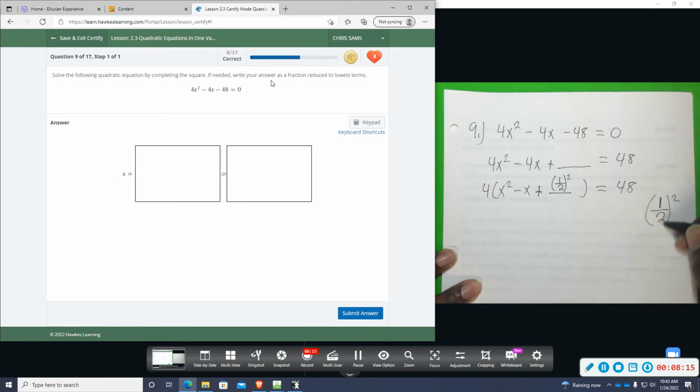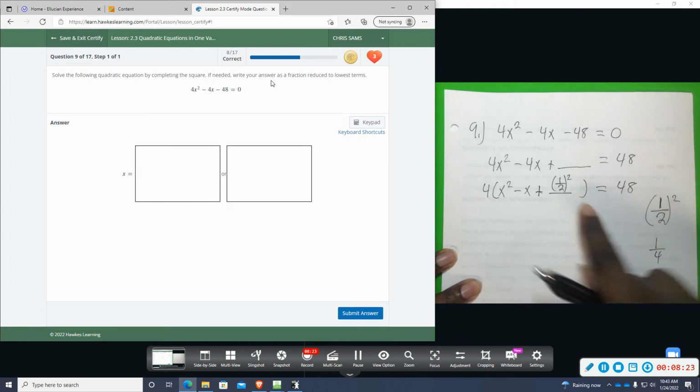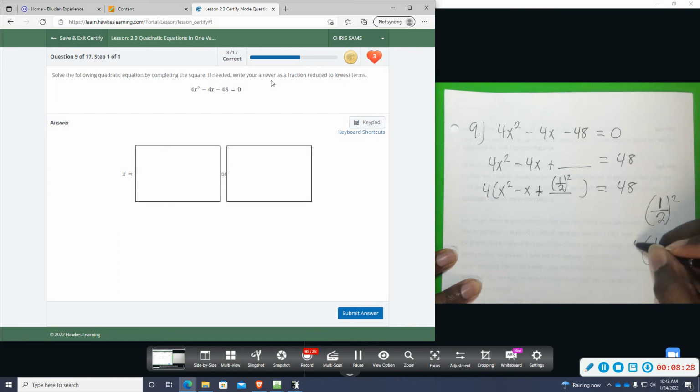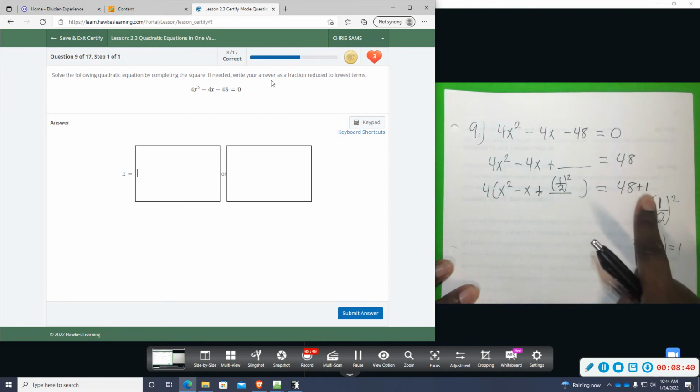If I do 1/2 squared, when you square a fraction, you square the top and the bottom. So 1 squared is 1, and 2 squared is 4. All right, so 1/4 is what that is. When you multiply that by 4, the times 4 and division by 4 divide each other out, and you just end up with 1. So what you actually added to both sides was 1. Okay, and so that's what you need to add over here.